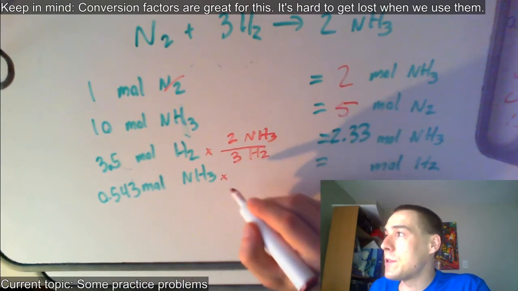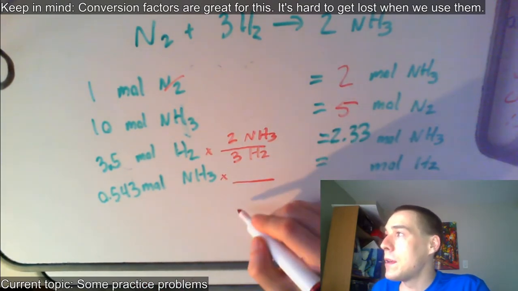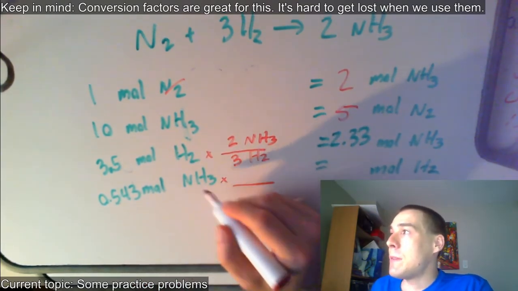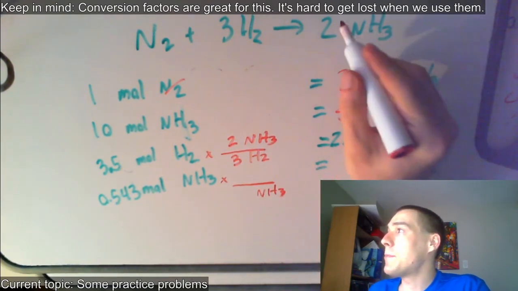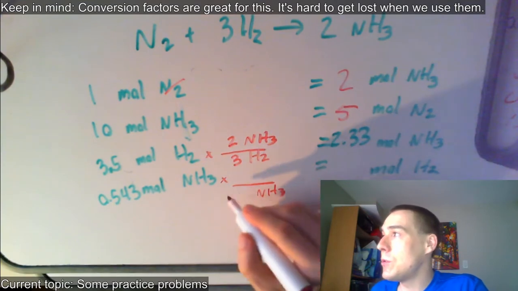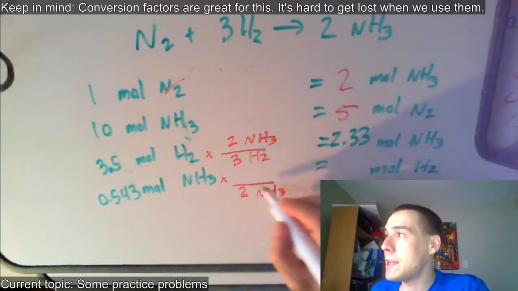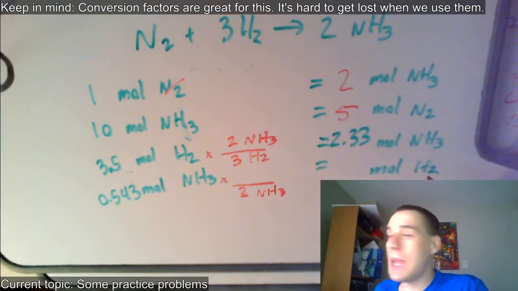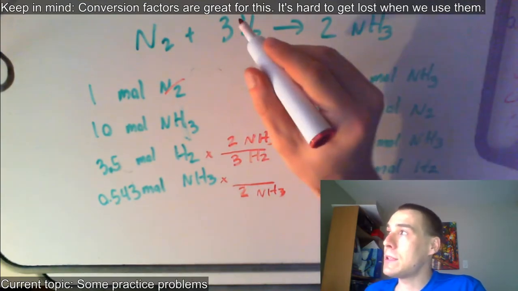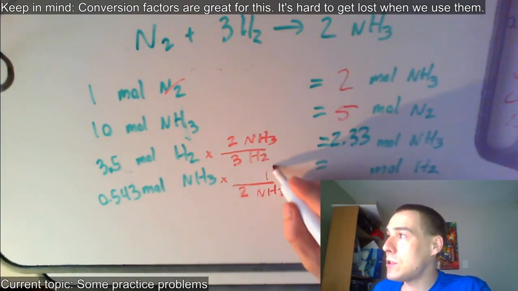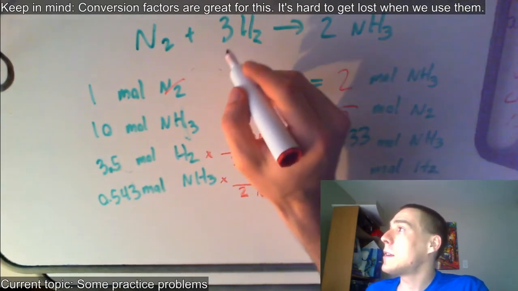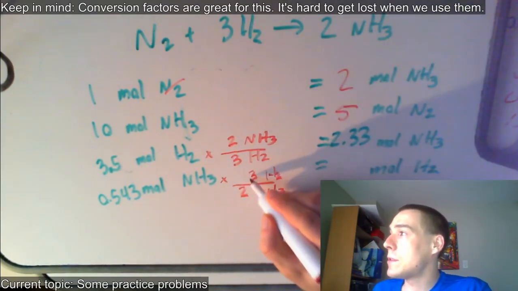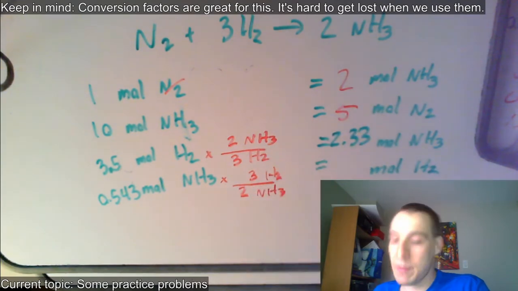We're going to create a conversion factor. NH3 is on top. We want to cancel it by putting NH3 on the bottom. And NH3 has the coefficient of 2, so that's going to cancel out nicely. We want to make H2, and that's H2 up here. We want to leave H2. And it's got a 3 in front of it, so a 3. So in this case, we're multiplying by 3 and dividing by 2.